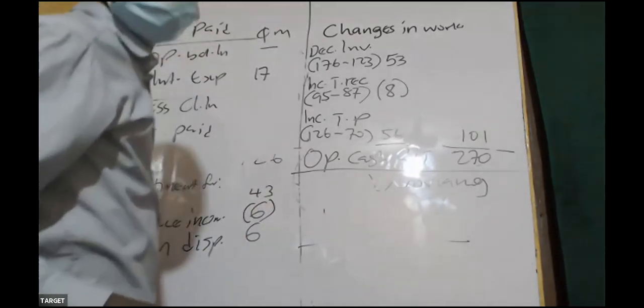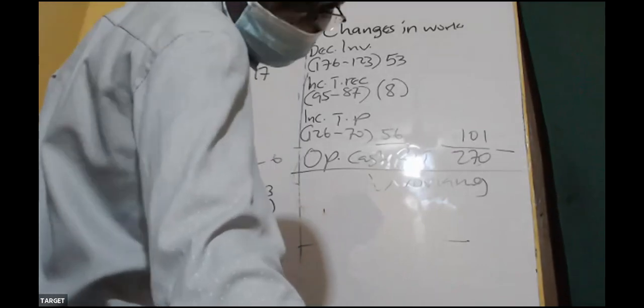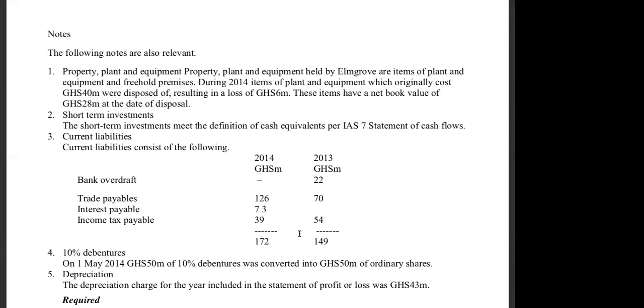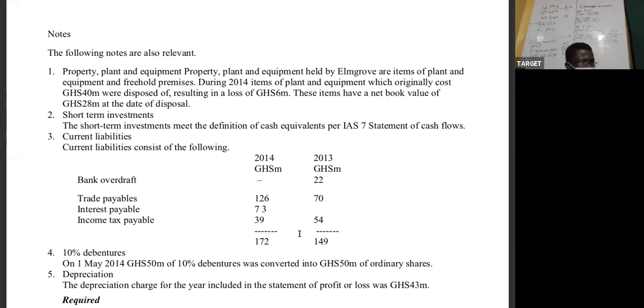Less the closing balance of the interest, which is 7.3 or 73. Do the computation and see whether it's 73 or 7.3.